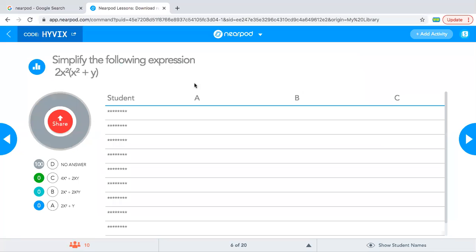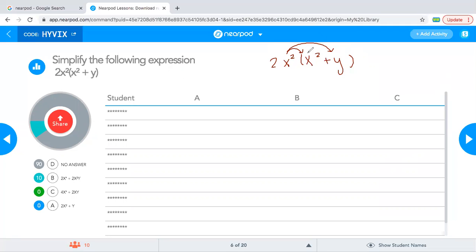Okay, so I have 2x squared times the quantity x squared plus y. What would I do with this 2x squared? Distribute. Say it with confidence. Distribute. So when I distribute this, 2x squared times x squared, are those the same bases?